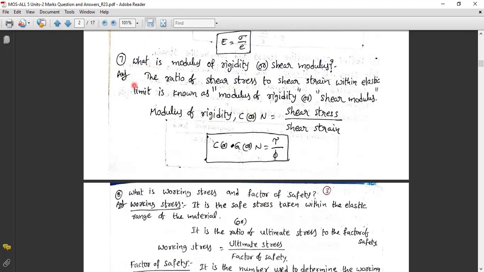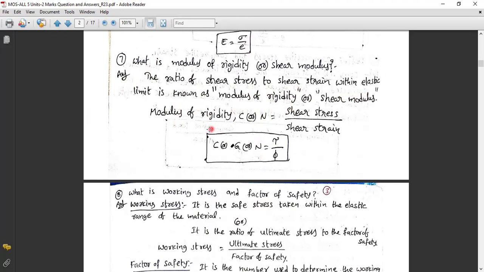Now coming to the seventh question, what is the modulus of rigidity or shear modulus? The ratio of shear stress to shear strain within the elastic limit is known as modulus of rigidity. Rigidity means it is rigid, it will not make any motion or movement in the body.